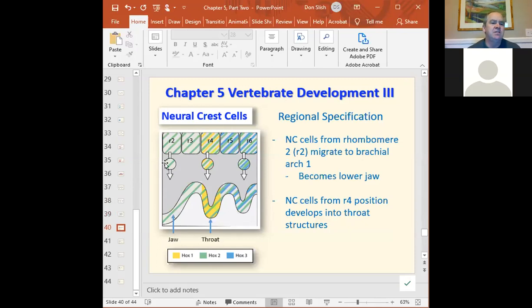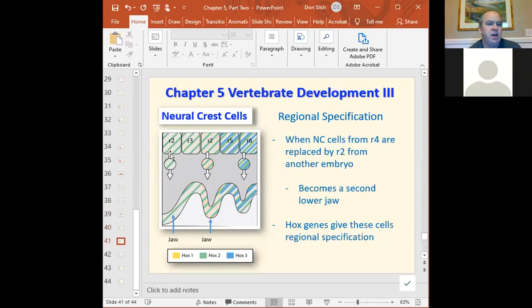Now you can take these stem cells and move them in the posterior direction, and you'll get the same tissue you would have had if they stayed in their particular spot. So in the next slide here, we take R2 and we put it in the R4 space, and it still makes jaw. So now instead of getting a throat, we get two jaws, which makes for very bad kindergarten pictures. Ugly kids.